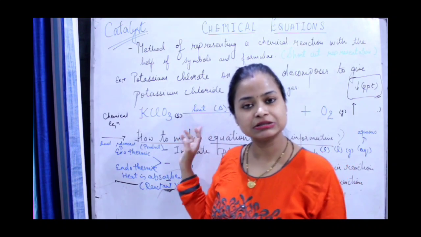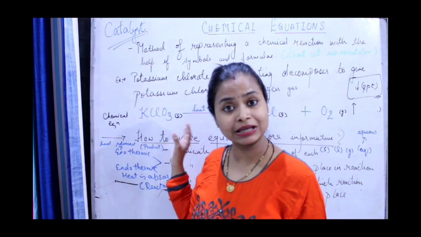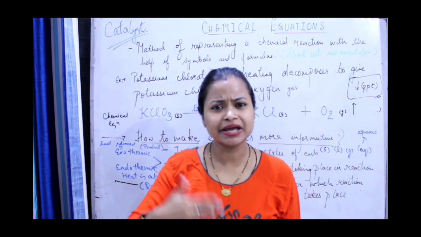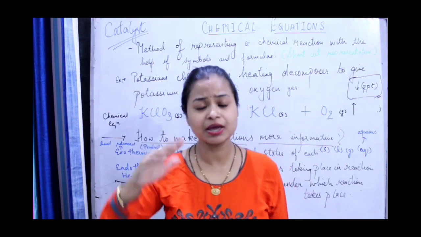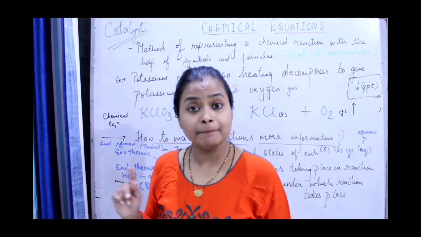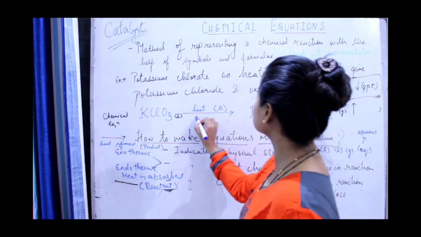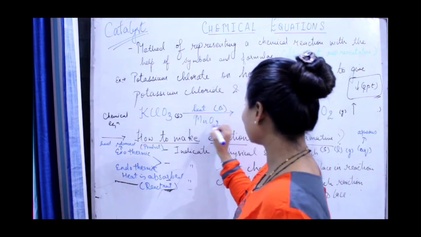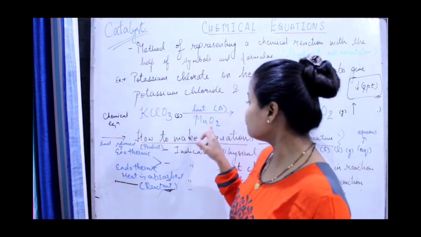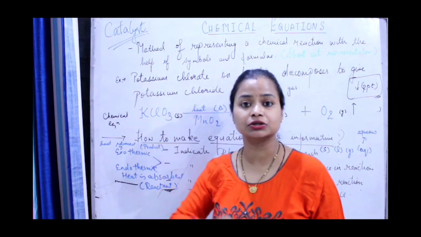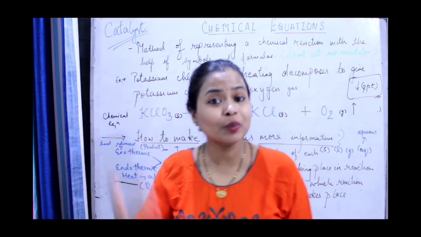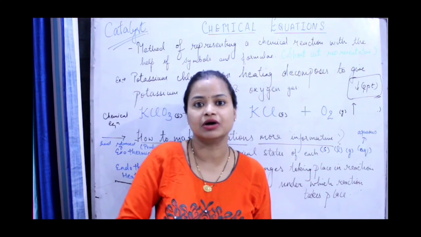For example, in this reaction, if I am carrying it out without a catalyst, it takes 1 hour. I am just assuming, okay, it takes 1 hour. But if we add a catalyst in this reaction, a catalyst is required, which is MnO2, manganese dioxide. If I add this catalyst in this reaction, the reaction will occur more quickly. It will take less than 1 hour.